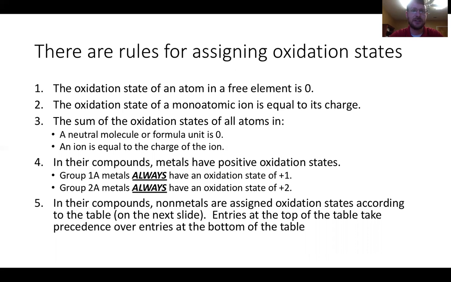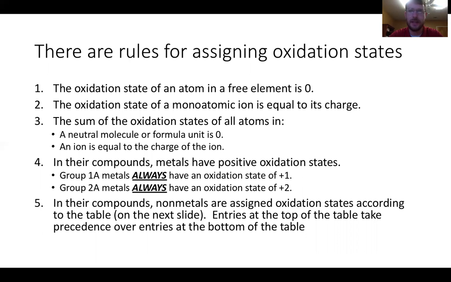Rule 2: the oxidation state of a monoatomic ion. So let's say we just see Na+1. The oxidation state is equal to its charge, right? Pretty self-explanatory. Rule 3: the sum of oxidation states in a neutral atom or neutral compound is 0, right?